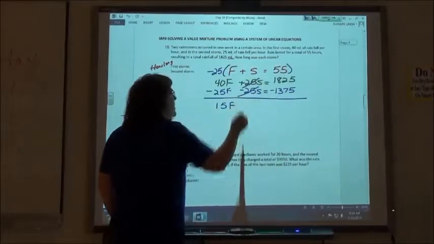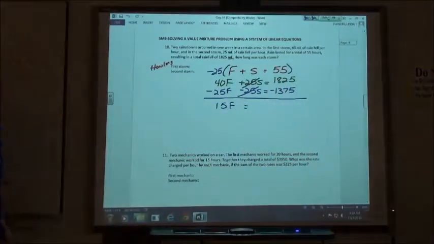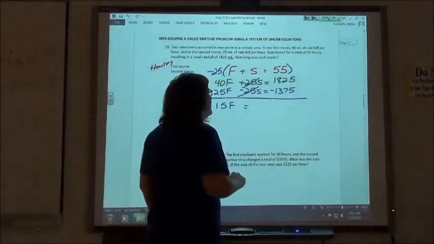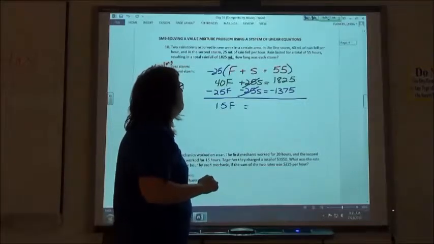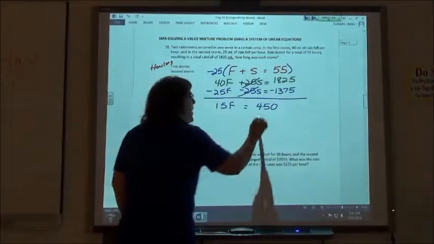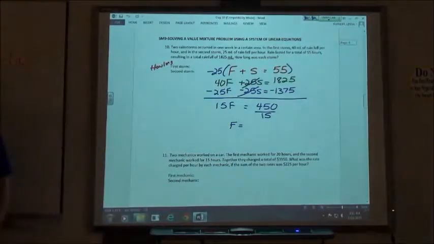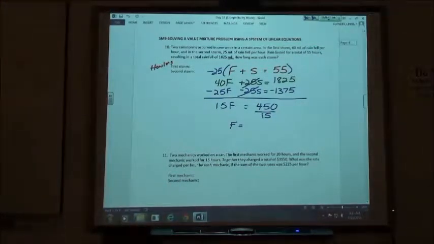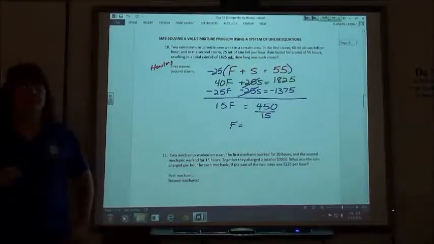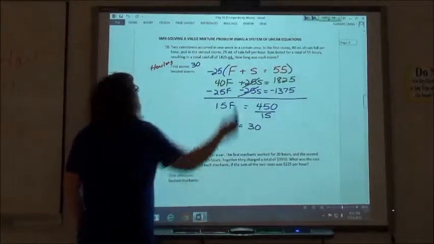The S's are opposites, they're going to cancel out. 1825 minus 1375 is 450, and then of course we have to divide. 30. So the first storm lasted for 30 hours.